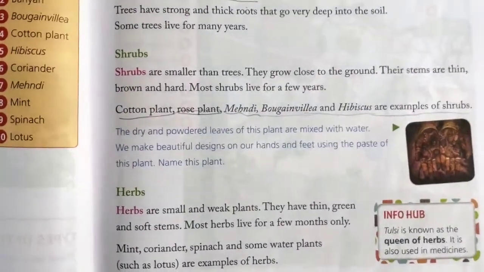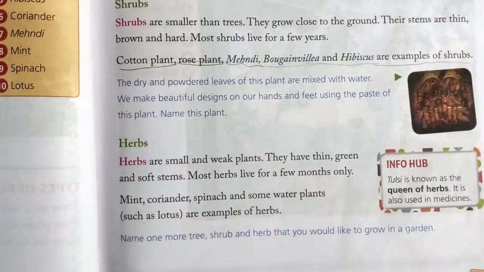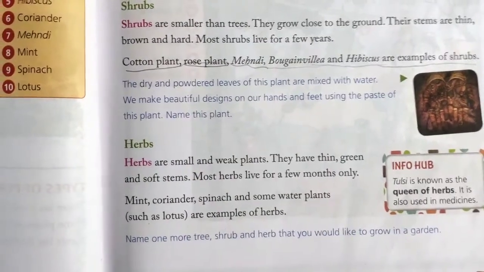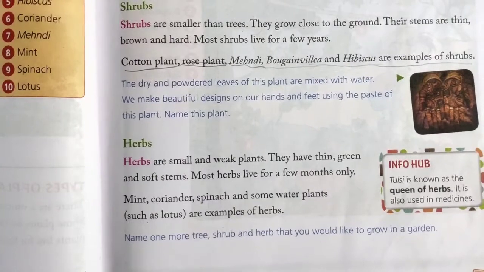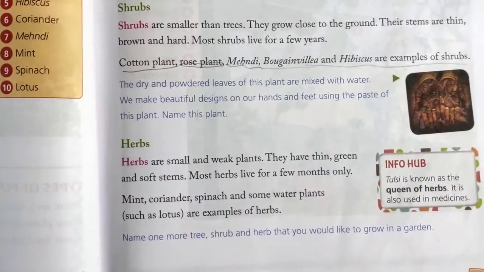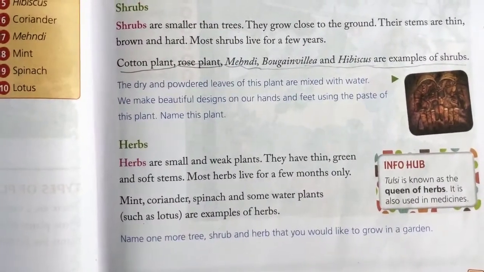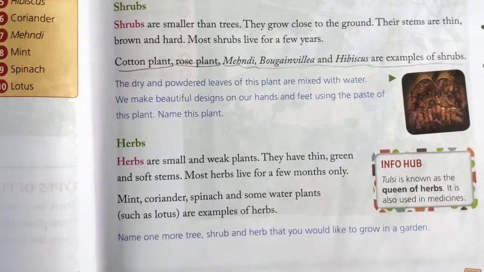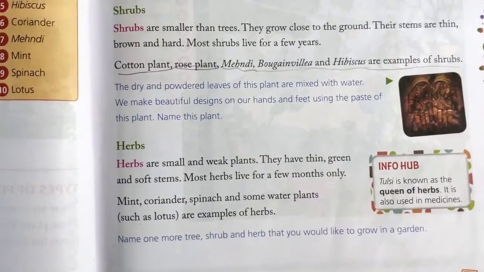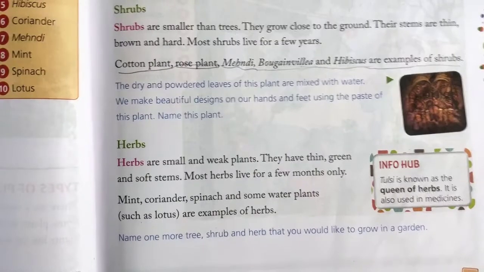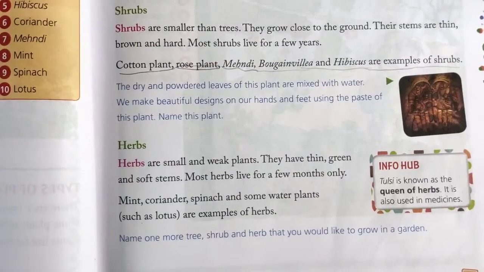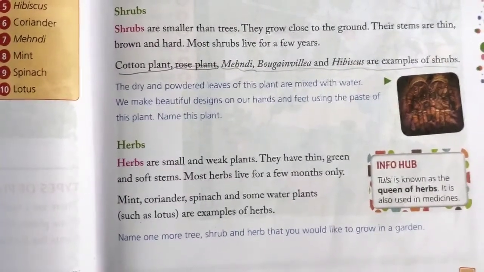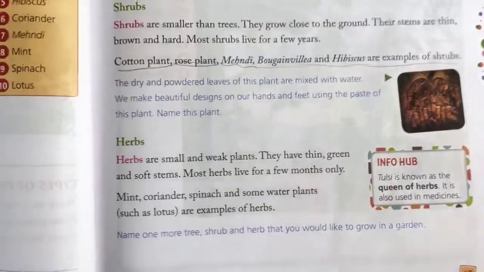Next we will come to the type, that is herbs, students. Herbs are also very small and very weak plants. They are not strong like the trees. They have thin, green and soft stems, so the stem can be broken easily.